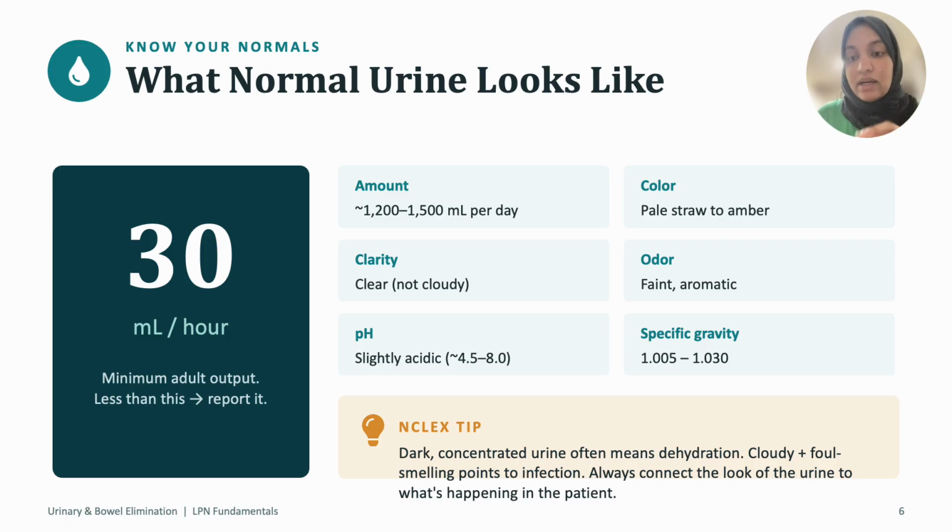Dark urine is formed basically because we have less water, so the urine is concentrated. Cloudy and foul means infection, right? It should be clear. It shouldn't have any kind of foul smell. So the look of the urine will tell you a story, and you kind of have to look into it.